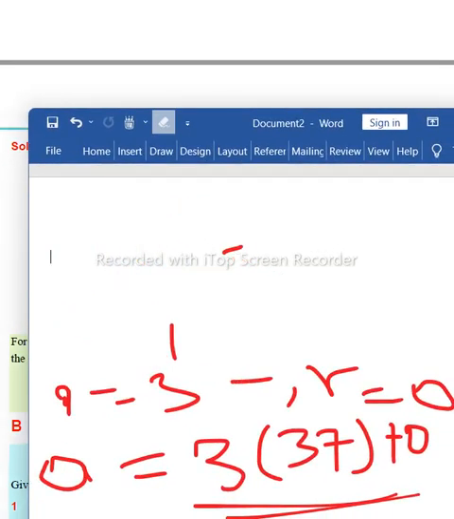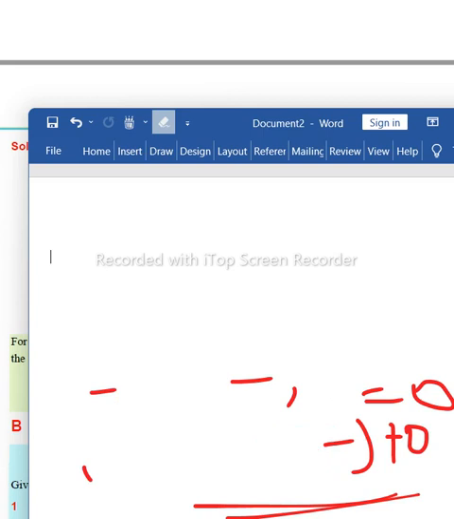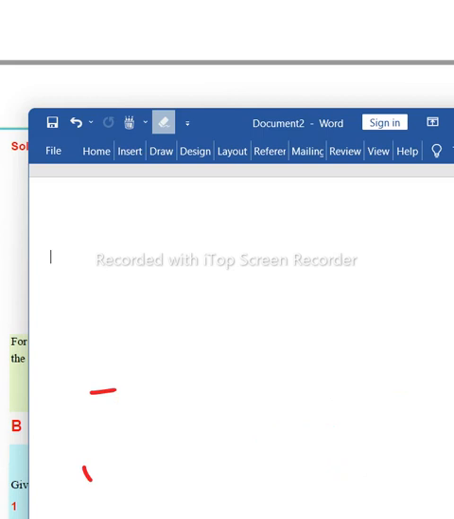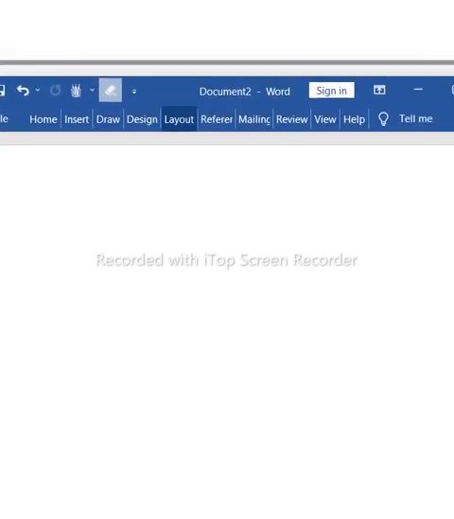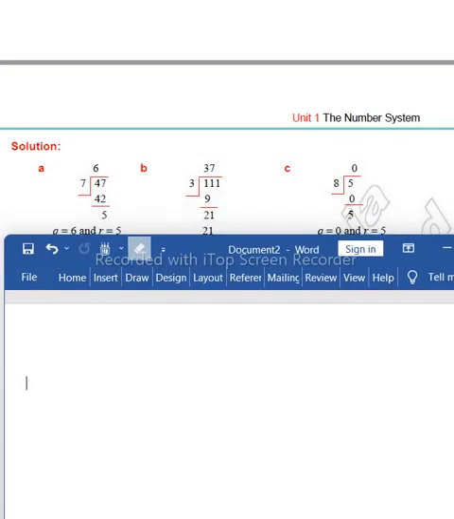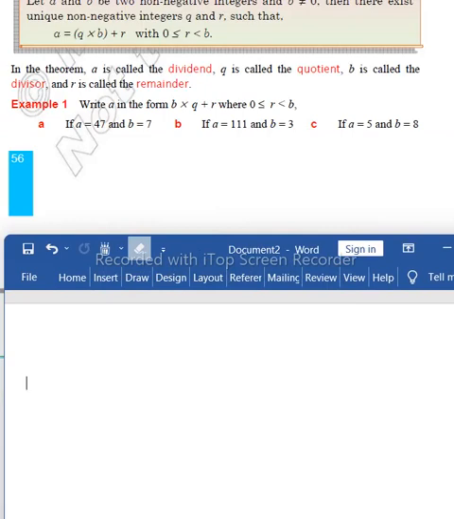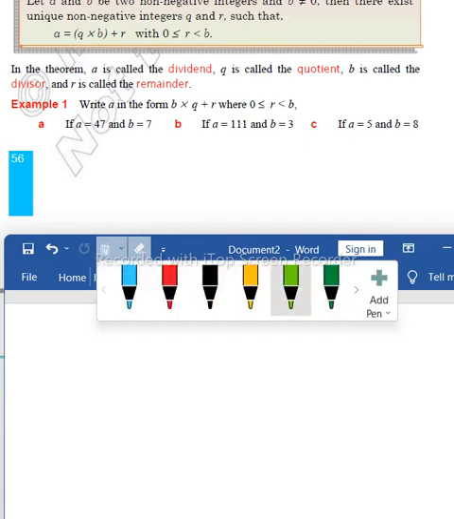The next question, letter C, says that we can write this also in the form of A is equal to B times Q plus R. So let us see. A is 5, B is 8. Let us write the question first.